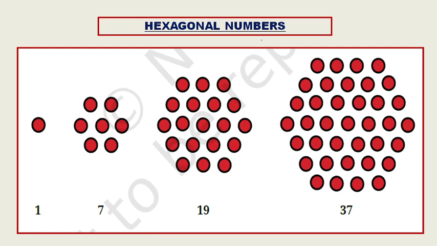Next is the hexagonal number. Hexa means 6 and gon means side.